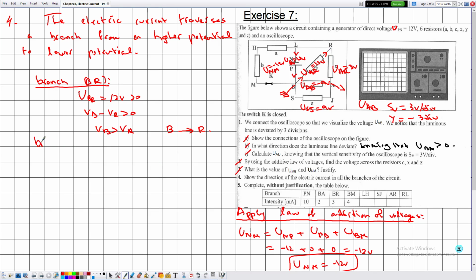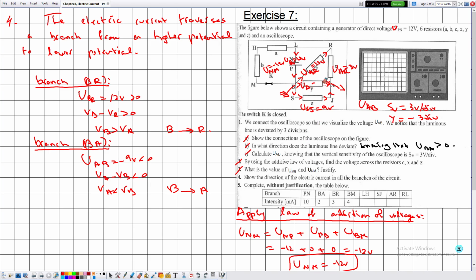Now as for the branch BA, UAB is equal to minus 9 volts, which is negative, then VA minus VB is negative, then VA is less than VB. So in this case from B to A. So from B to A like this, and in this case also like this. So now what I will do, I will erase the value of the voltages that we are not using anymore.